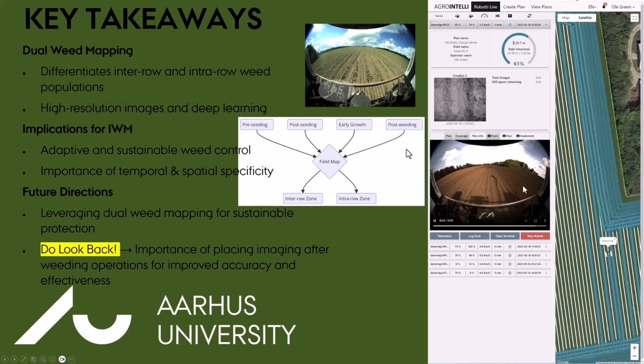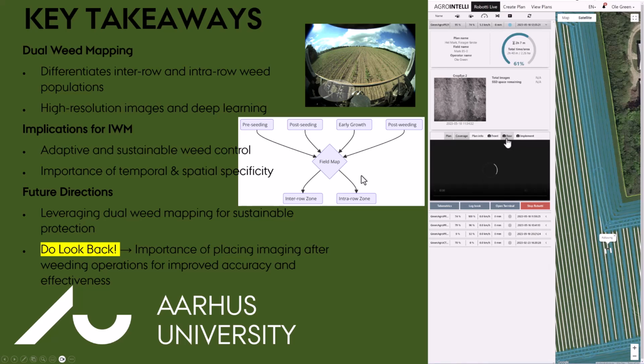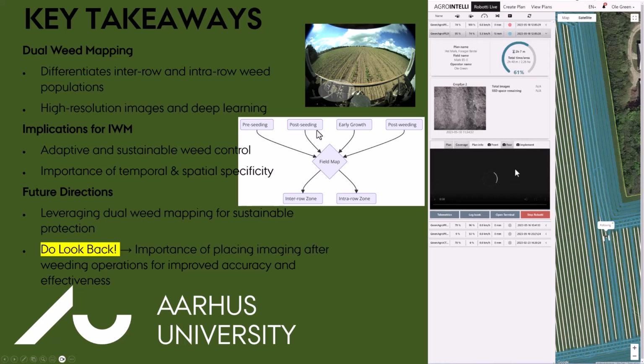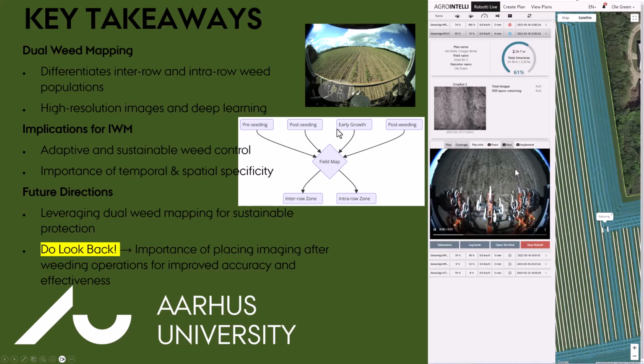After you seed it, if you place the camera behind the seeder, I have often seen that the seedbed is not as clean as you expect in all areas. So you could use that to decide if you should do pre-emergent spraying in some certain areas. And then, of course, split it.